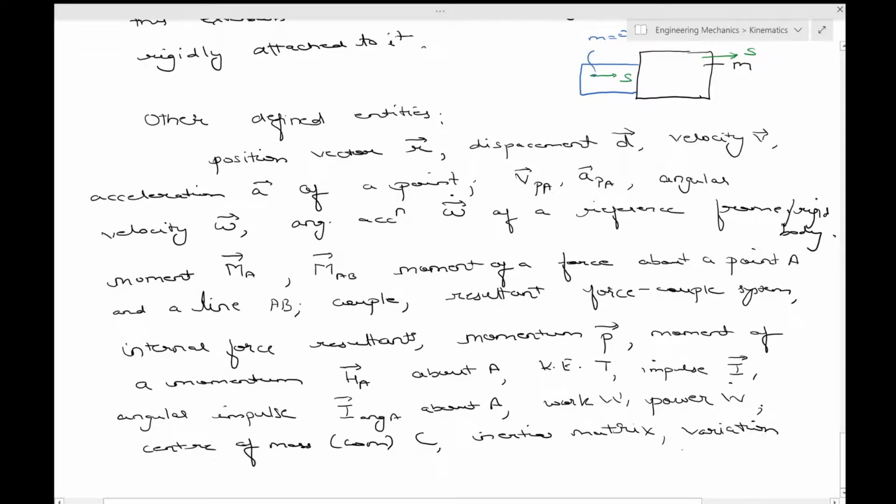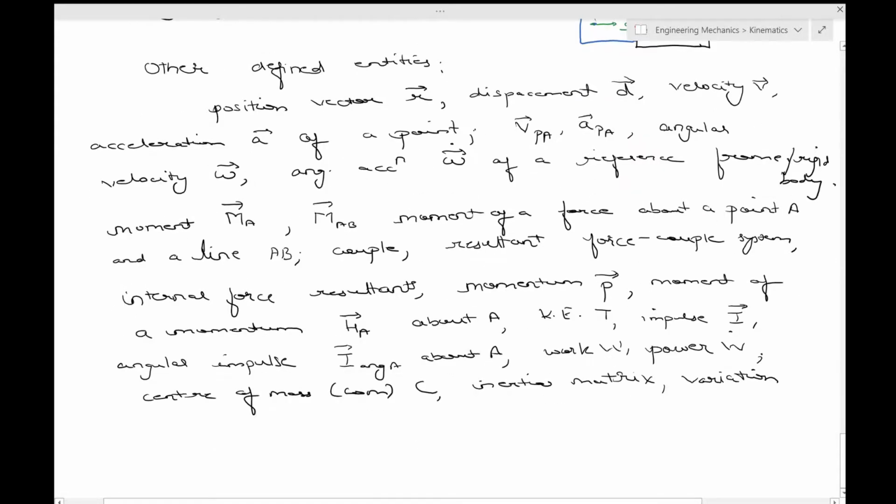Okay, so most of these quantities we'll be learning in this course. Okay, in fact all of these quantities we should be learning in this course, and we'll define them as we move along on this. Okay, so let's now move to the third topic, which is the axioms.